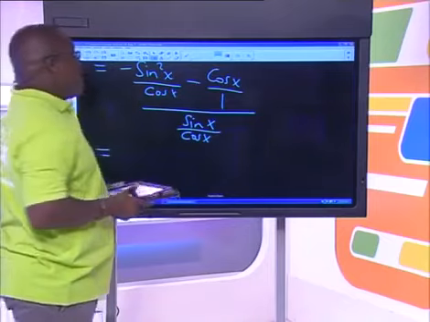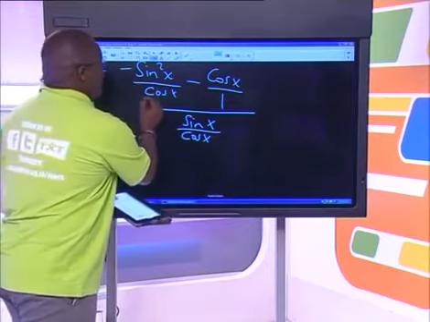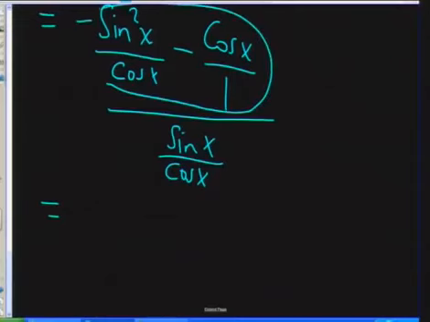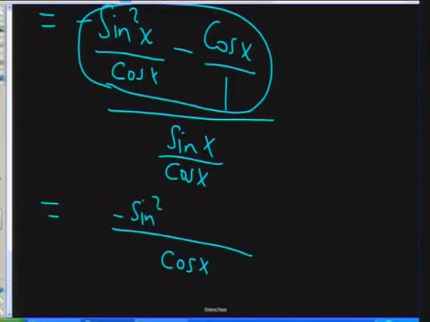Now, the next step is for us to express the numerator as one fraction. So we're going to subtract the two. Our common denominator in this case is cos x. So I'll write that down, cos x. And my numerator, if you do the cross multiplication, is going to be minus sine squared x, the negative sign here, minus cos squared x.